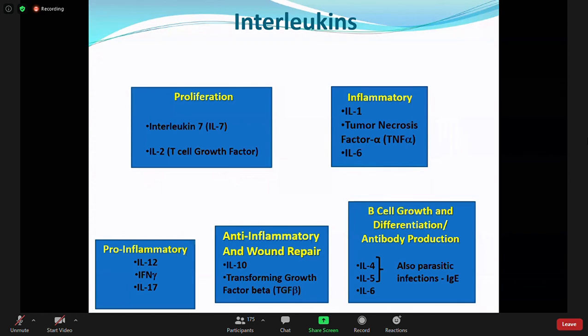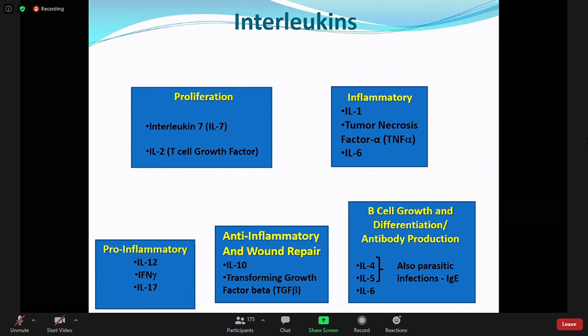In other words, when you get the generation of inflammation, you get the production of these cytokines like IL-12, interferon gamma, IL-17, which can then draw inflammatory cells into the site and stimulate those inflammatory infiltrates to produce effectors of inflammation, like TNF alpha, IL-1, and so on.